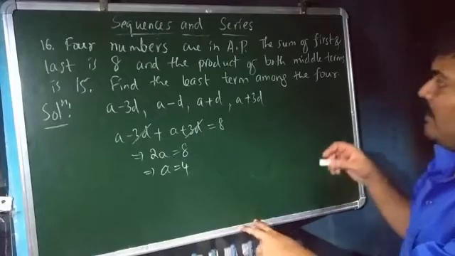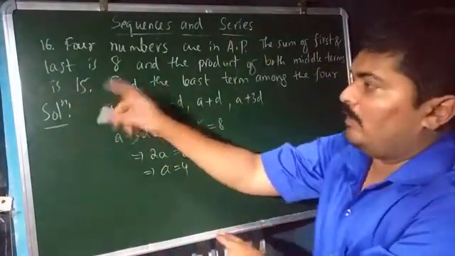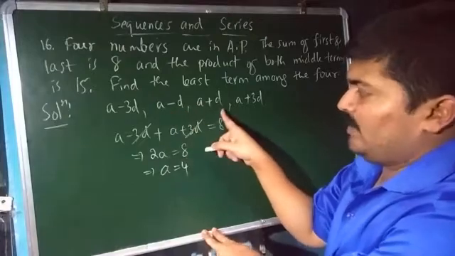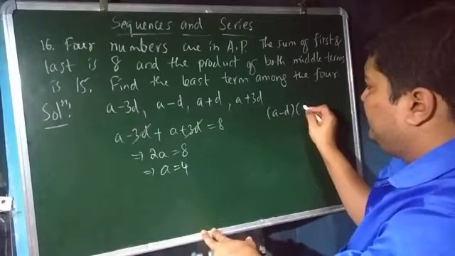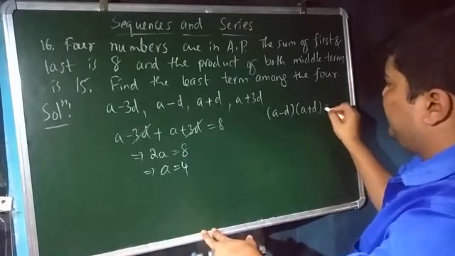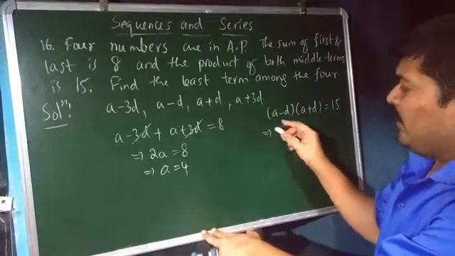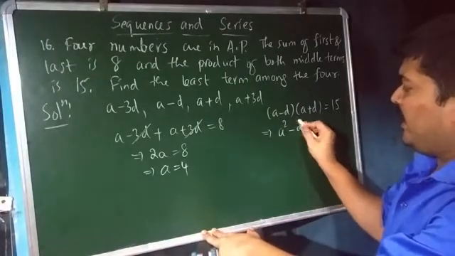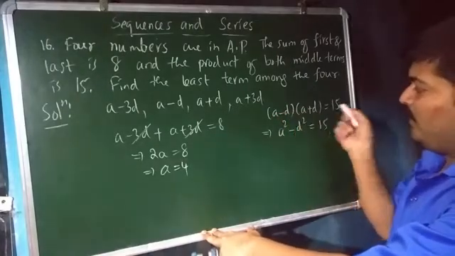And further they have given that the product of both the middle terms is equal to 15. That implies these two are the middle terms: a minus d into a plus d is equal to 15. Multiplying these two, you get a square minus d square is equal to 15, because they are of the form a minus b into a plus b.